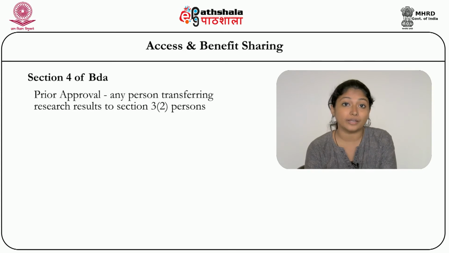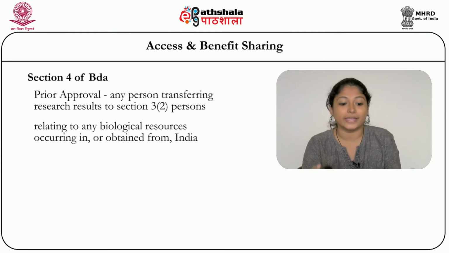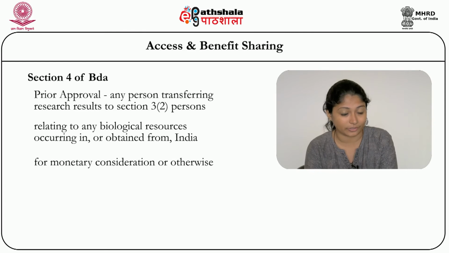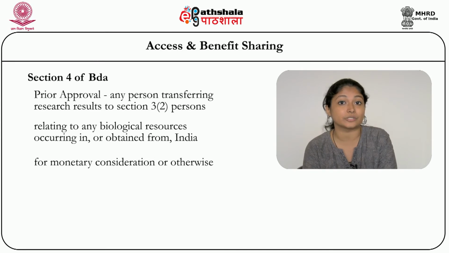So, when you are transferring research results relating to any biological resources occurring in India or obtained from India, this occurrence is very important because India should be the provider country, and for monetary consideration or otherwise. If you are transferring the research result, you also have to apply to the National Biodiversity Authority before such transfer, because you need the prior permission from the National Biodiversity Authority. Now, the National Biodiversity Authority has another regulatory power, that is with respect to section 6.